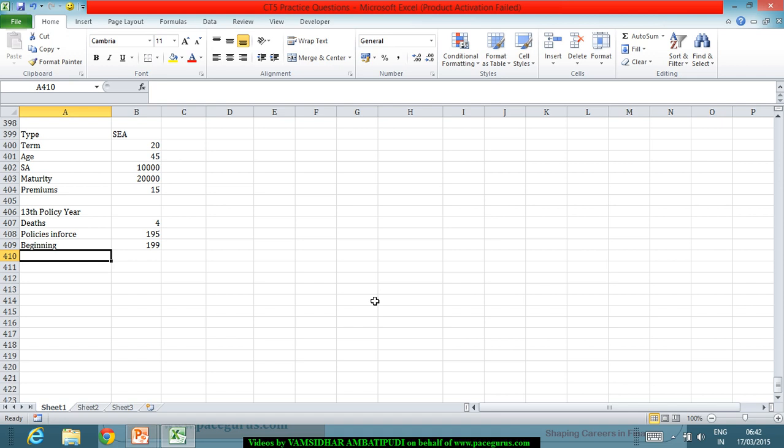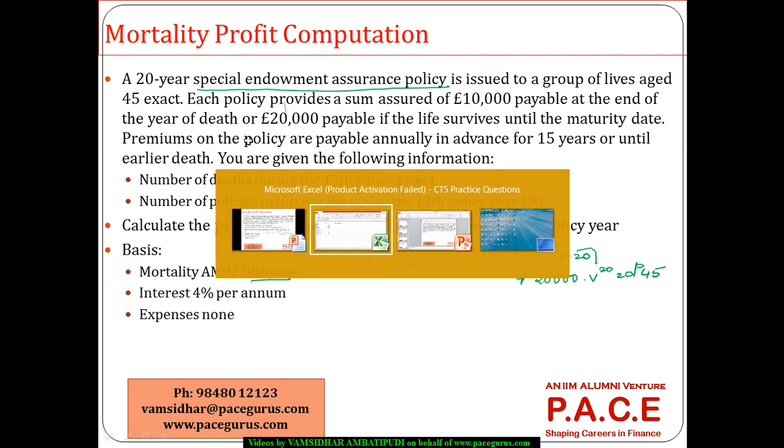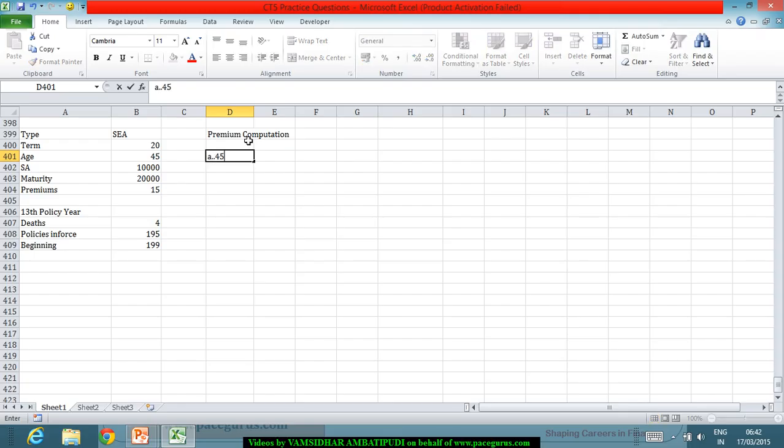Let's try out the premium computation. What do I require for the premium computation? The first thing is ä 45:15. To find that, I simply require ä 45 and ä 60.